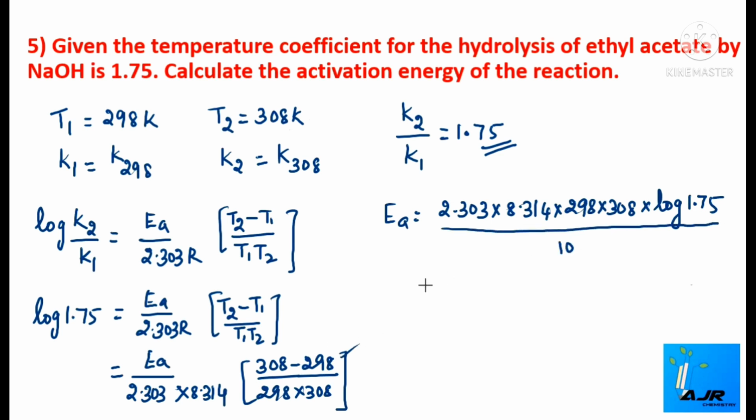Substituting the log value and finding the answer, it is 42711.5 joules per mole. If you want to convert this into kilojoules, divide by 1000. So 42.711 kilojoules per mole. Understood, students? This is how we should do this type of problem.